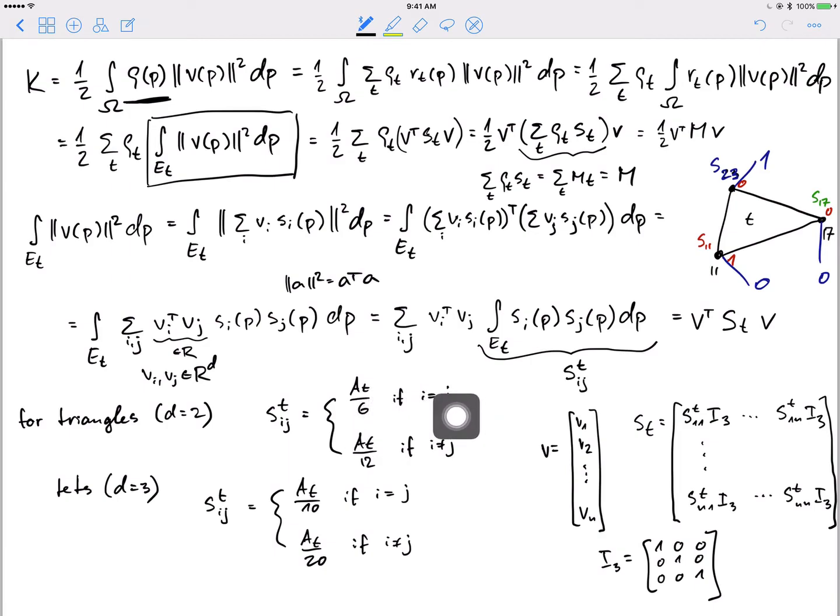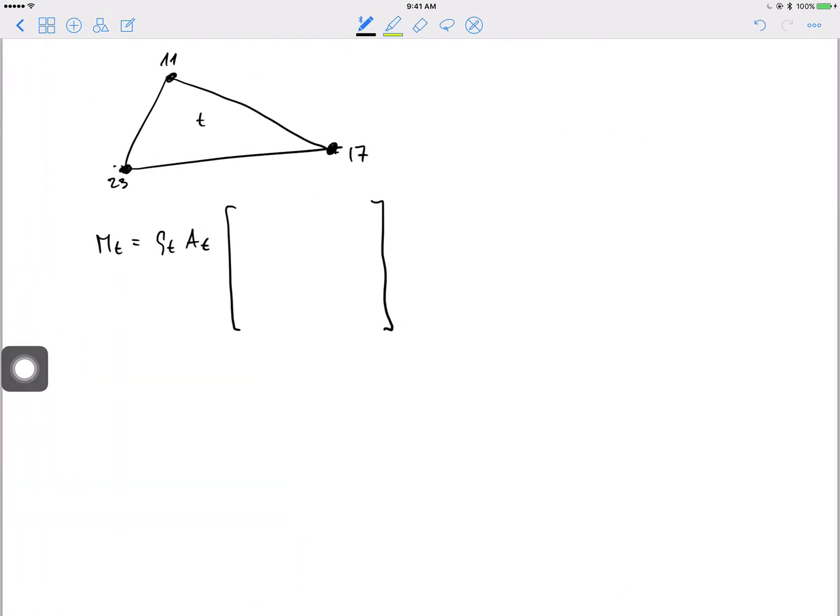So I'm looking at a single, specific triangle. I'm only concerned about the nodal vertices, the i and j, that correspond to the nodes of the triangle. So I'm only concerned about 11, 23, and 17, okay? So somewhere in this matrix I will have columns 11, 17, 23, and somewhere I will have rows 11, 17, 23, okay? So those will be the corresponding values there.